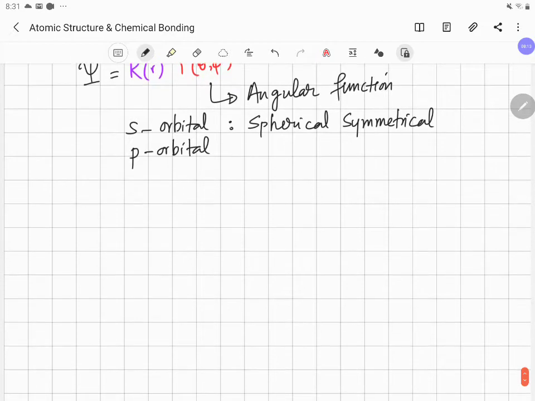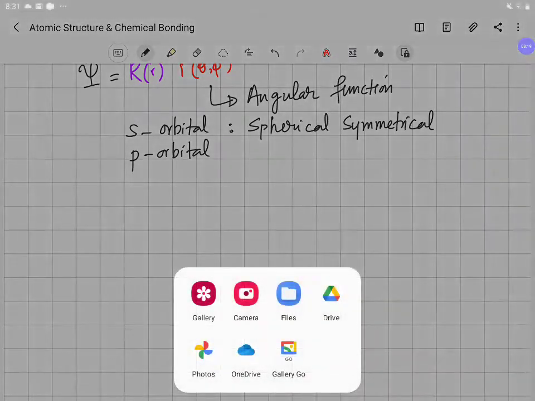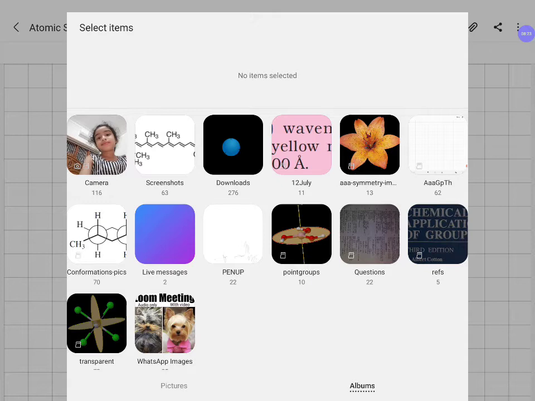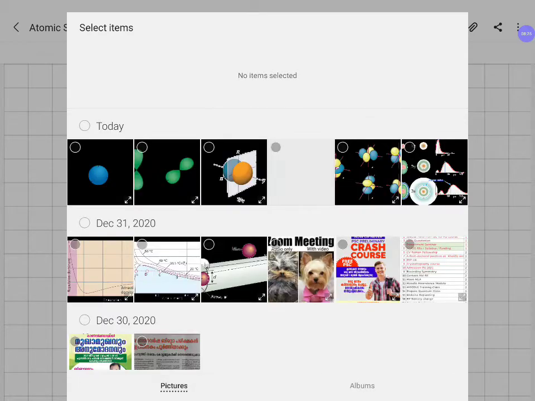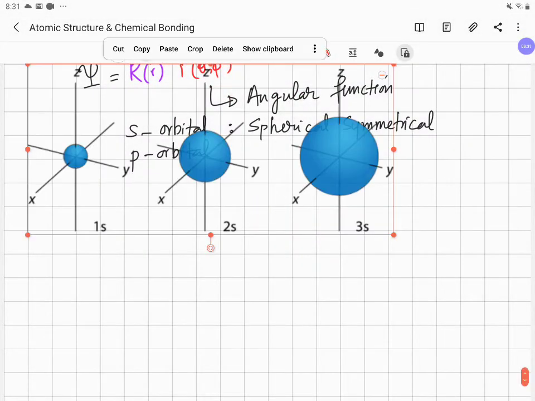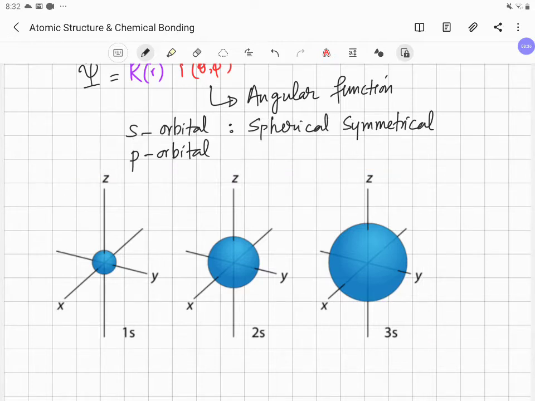Say if I give you the three-dimensional picture of an s orbital, this is how it looks.